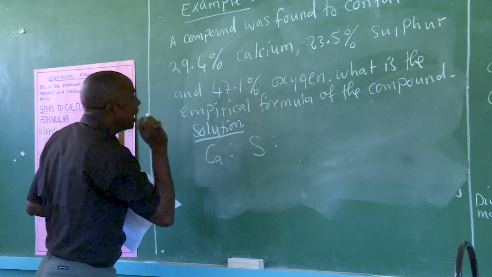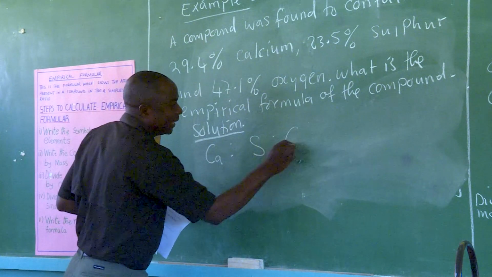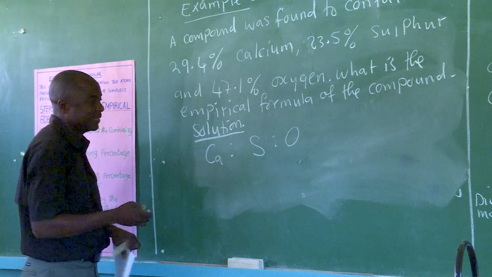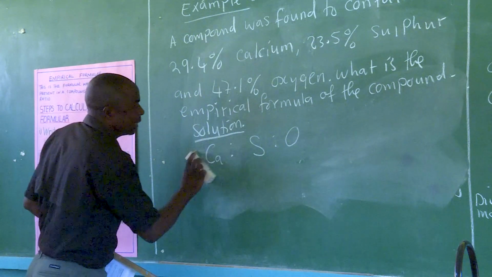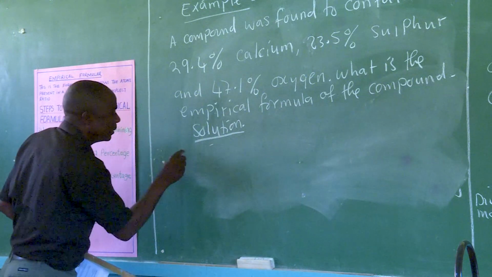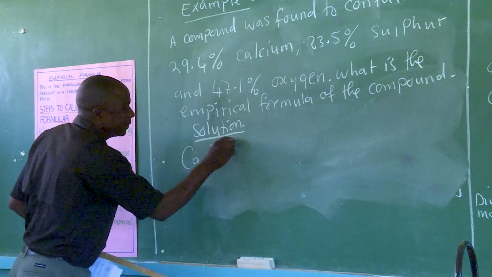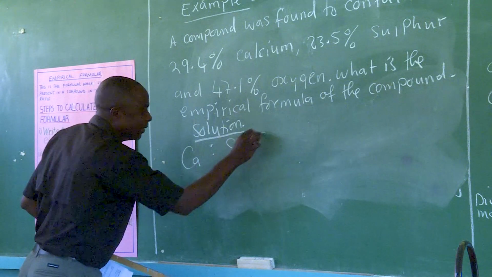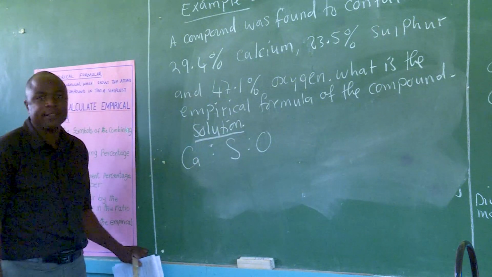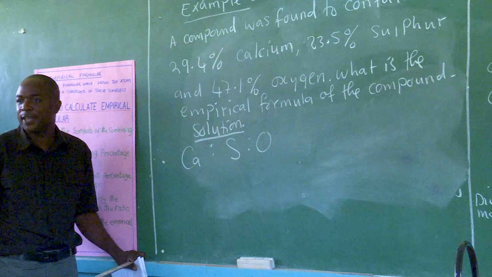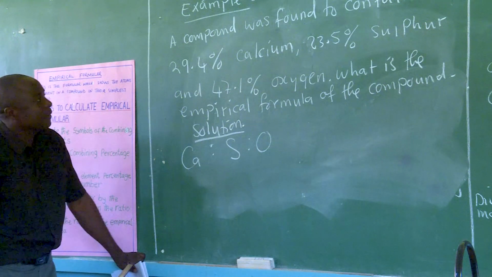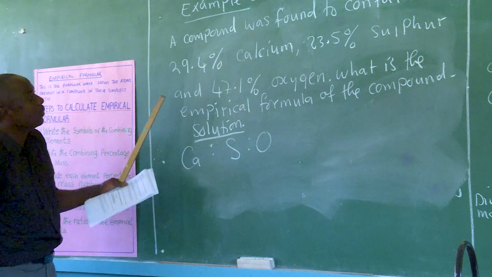Then we have oxygen, like this. These are the elements that we have in this compound: calcium, sulfur, and oxygen. Okay, that's the first stage. Are we okay? Yes.